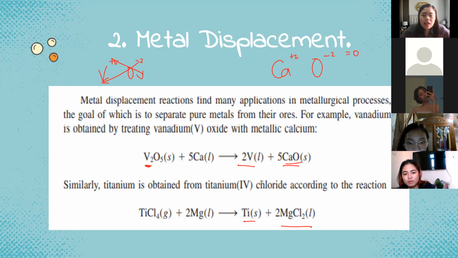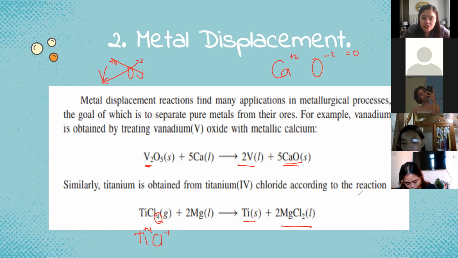So again, we don't need to copy the subscript here because the subscript will be dependent on the charges of our element. So since titanium is +4 and chloride -1, kaya meron kang crisscross and merong subscript dyan. But that is not true in the case of the resulting compound.